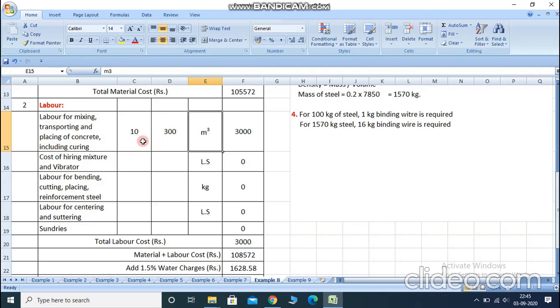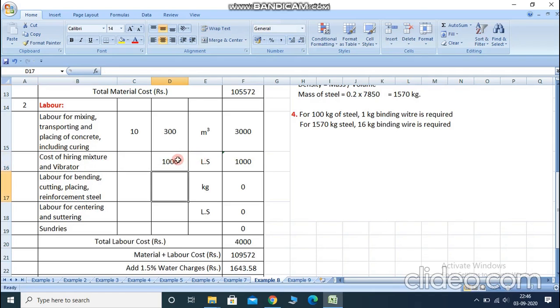So total 3000 rupees. Then the cost of hiring a mixer and vibrator, we take a lump sum of 1000 rupees.